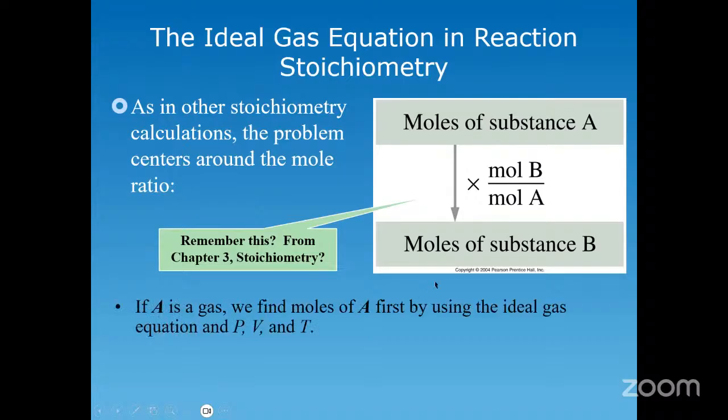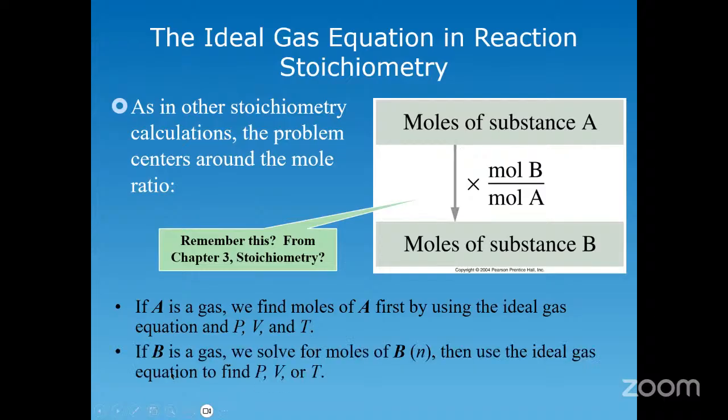Let's say, for example, A is a gas. Then we need to use the ideal gas equation to find the moles: PV equals nRT. You find n, which represents the moles of that particular gas A. Then you multiply the moles of gas A by the mole ratio to get the moles of gas B. Depending on what the question is asking for, you use the PV equals nRT equation again to find the volume, temperature, or pressure, depending on the information given.